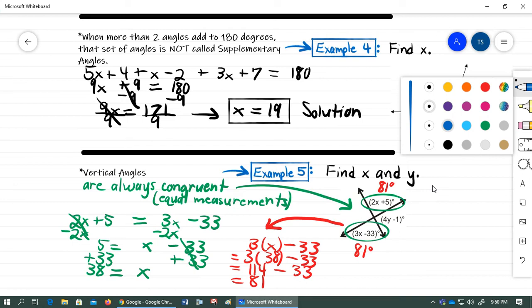The first thing we did was we found x. After we found x, the logical thing was to plug that value of x into one of these expressions, like 3x minus 33. So we plugged in that value of x, and we got 81 as the measure of this angle. And if that one was 81, that other vertical angle was also 81.